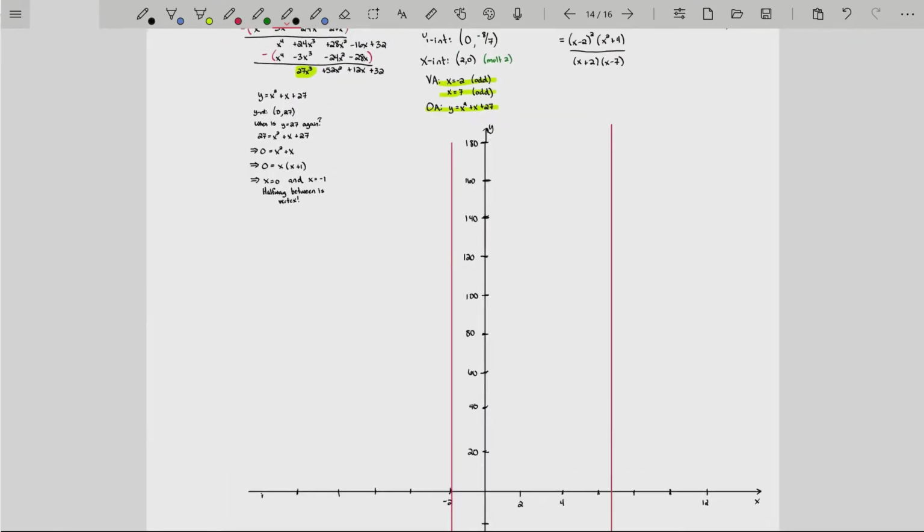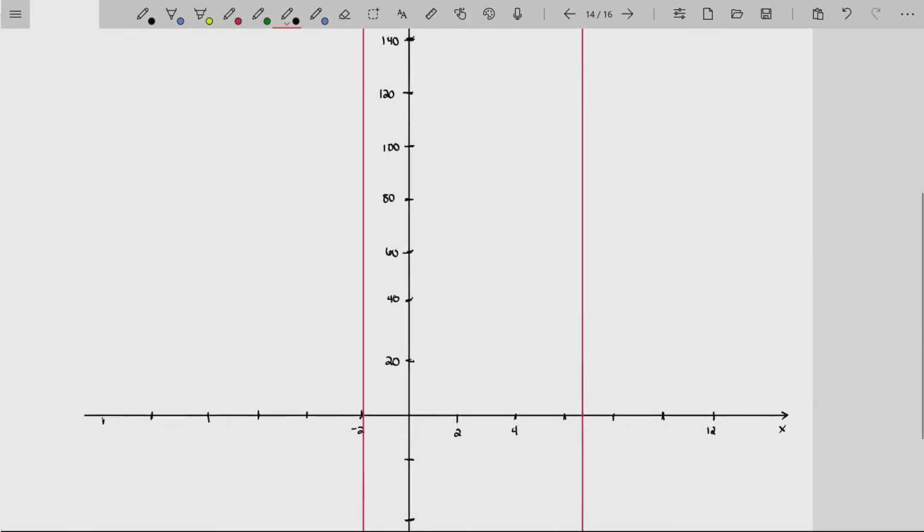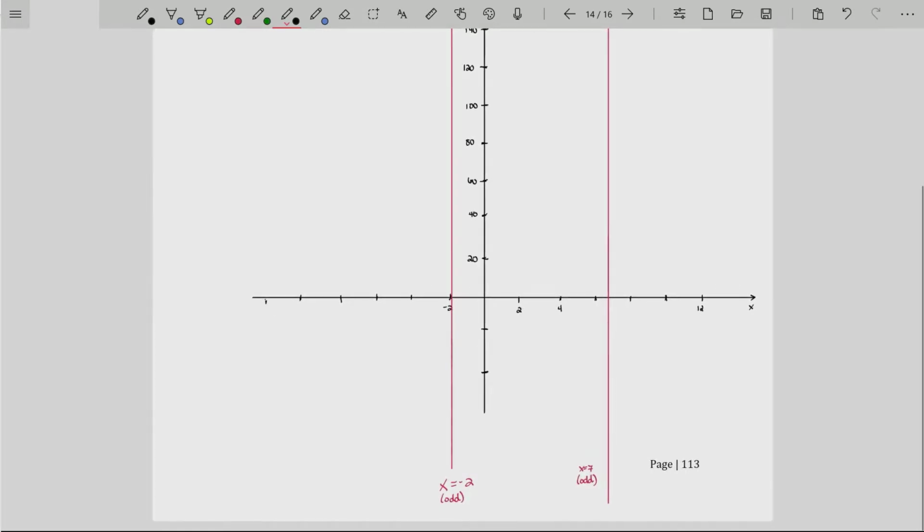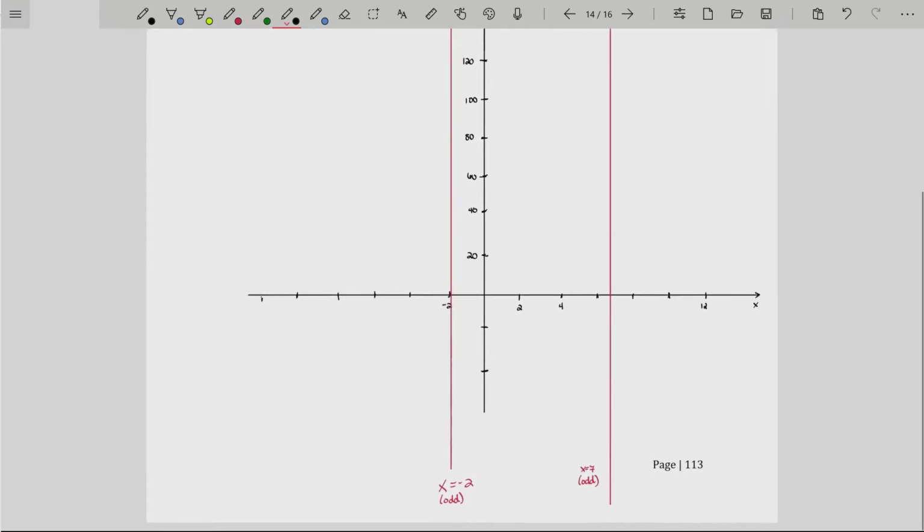So I'm going to go ahead and rescale this. And the way that I did that is I chose a scale of 20s. Again, because I have x values along this x-axis, for example, I know my vertical asymptote here is x equals 7, the rightmost one.